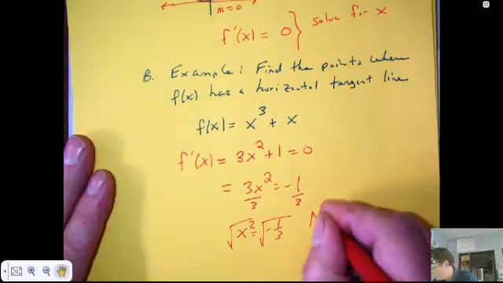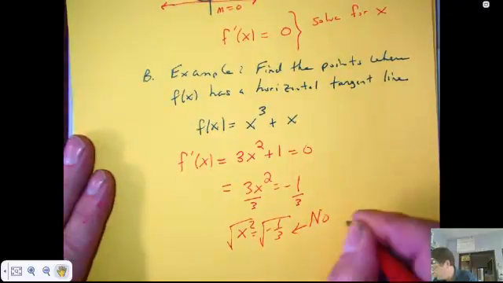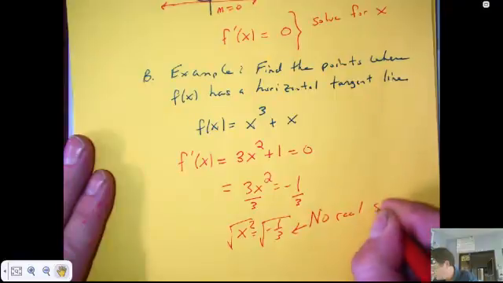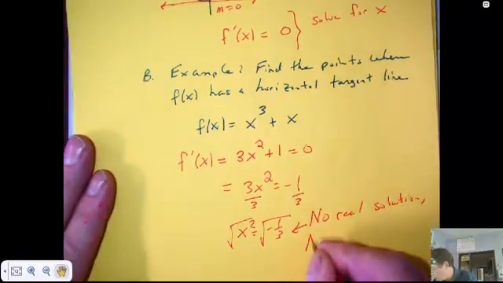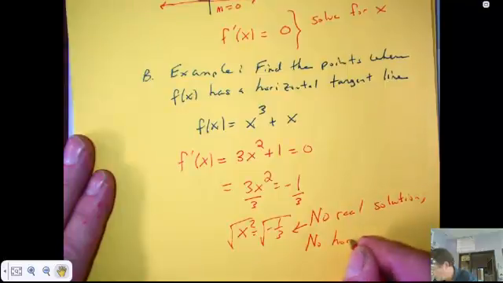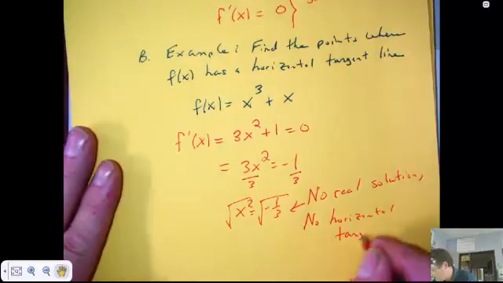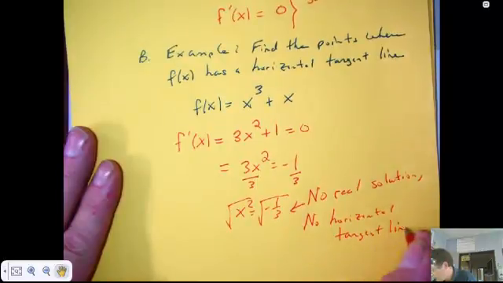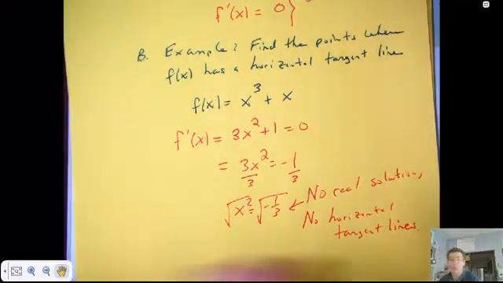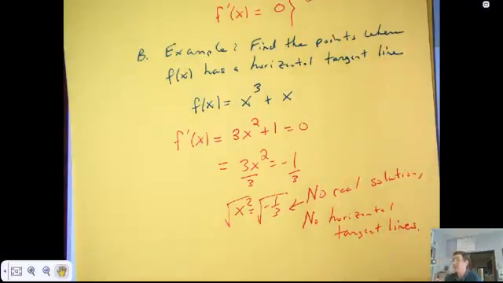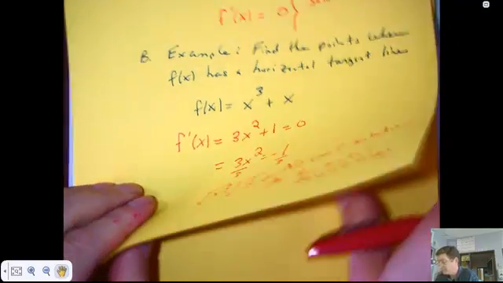Yes, there are no real solutions to this, right? So no horizontal tangent lines. That wasn't real interesting. I mean, that's a fact, and that's something about the graph, but we can look at that in just a little bit. Let's try another one.